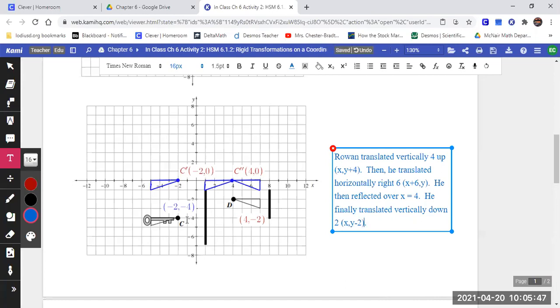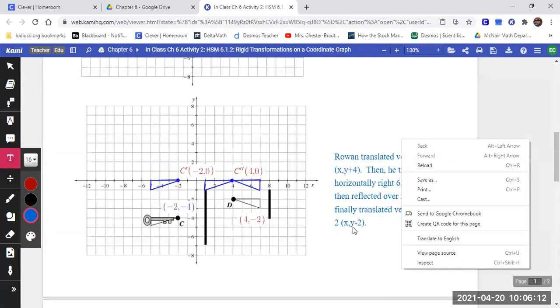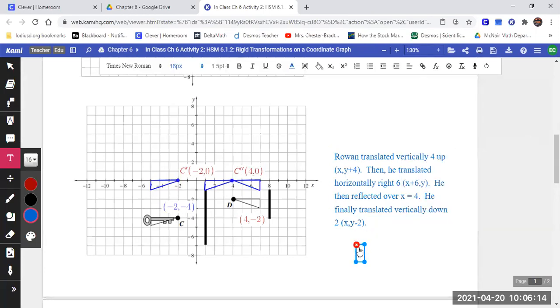So the first thing that we did is we added 4 to the Y, but didn't change the X. Then we added 6 to the X, but didn't change the Y. And then we flipped it, and then we slid it down, subtracted 2 from the Y, but didn't change the X. Okay, so these little parentheses are what's happening as it slides.